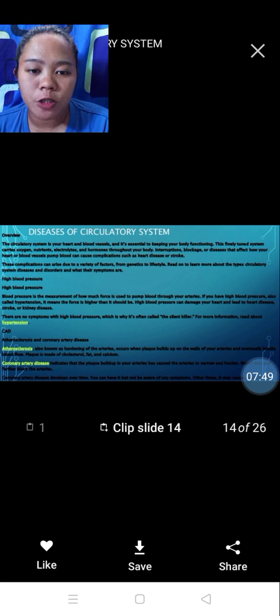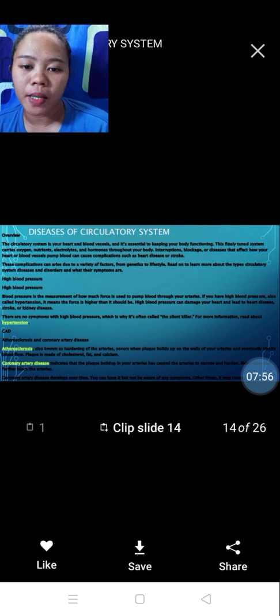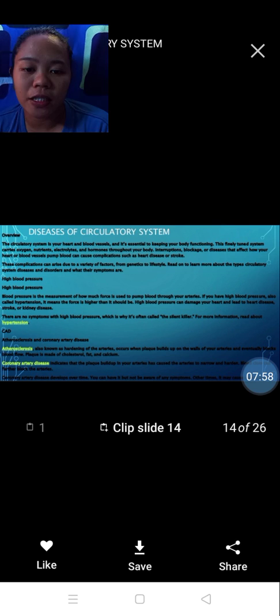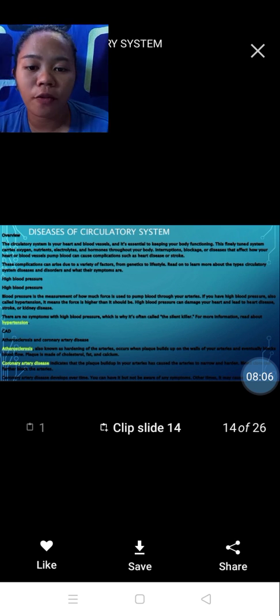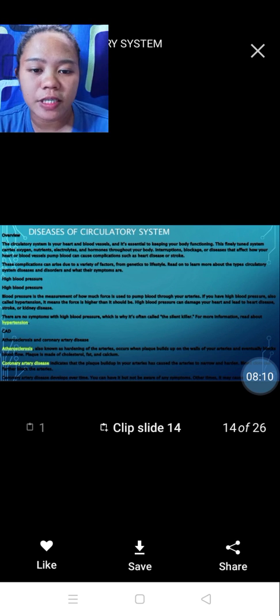So, interruptions, blockage, or diseases that affect how your heart or blood vessels pump blood can cause complications such as heart diseases or stroke. This complication can arise due to a variety of factors, from genetic to lifestyle.